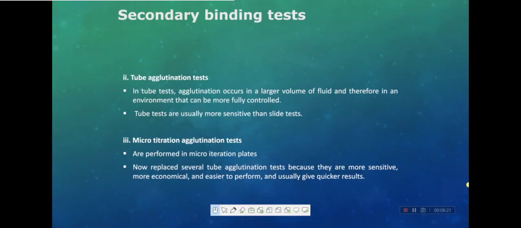Now talking about the micro titration agglutination test. Micro titration agglutination tests are performed in the micro titration plates. They have now replaced several tube agglutination tests since they are more sensitive, more economical. These are easier to perform and usually give quicker results, right?